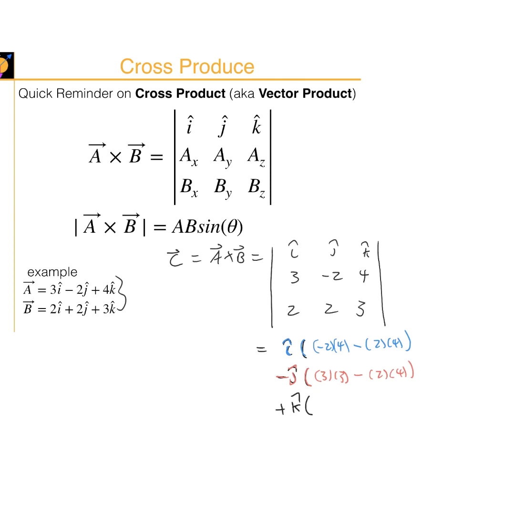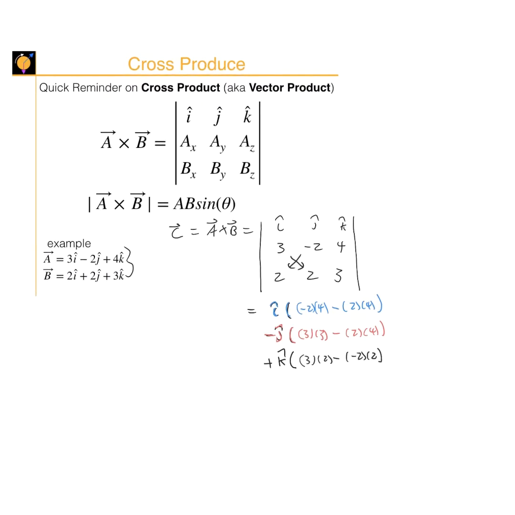So for the K component, it'll be 3 times 2 minus 2 times -2. In other words, 3 times 2 minus -2 times 2. When you work out the I component, it works out to be -14 I hat. The J component works out to be -1, and the K component works out to be 10.